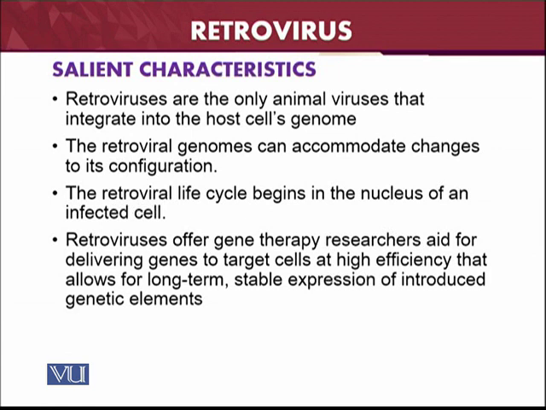The retrovirus life cycle begins in the nucleus of an infected cell. As we already studied, in some viruses the life cycle is completed in the cytoplasm and the nucleic acid is left undisturbed. However, for retroviruses, the whole life cycle is completed in the nucleus of the host. These salient features give us a very important research tool for delivering genes to target cells at high efficiency, allowing long-term and stable expression of introduced genetic elements.